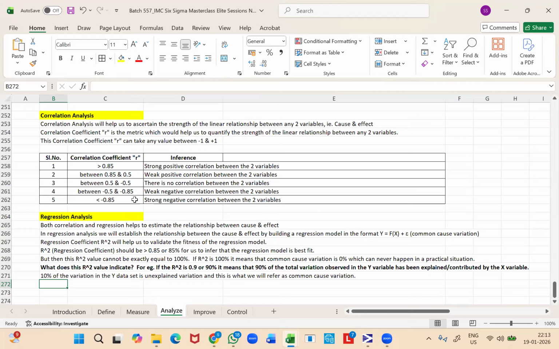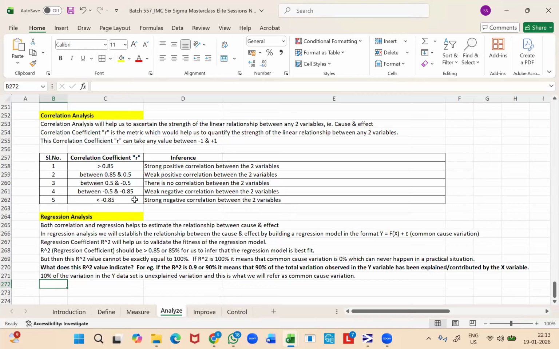And another important thing to note here is we need to conduct this 5 why analysis exercise with the concerned team member or the concerned team which has actually contributed to the business problem. Only then will we be able to identify the correct root cause for the business problem.